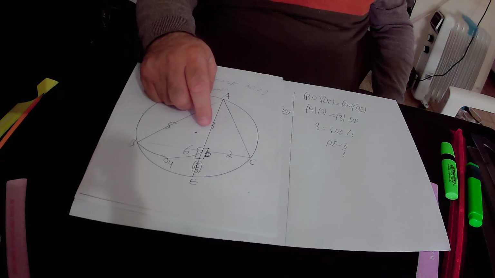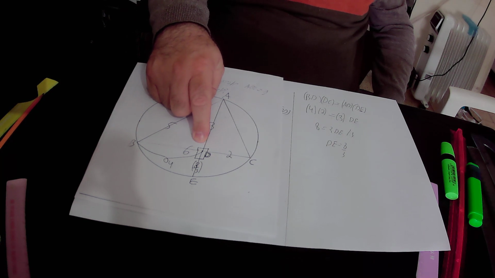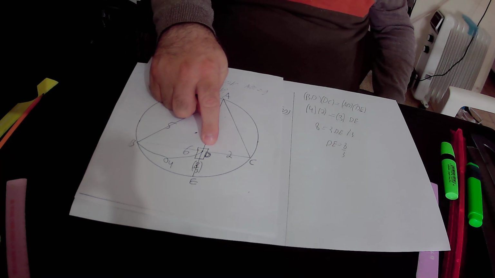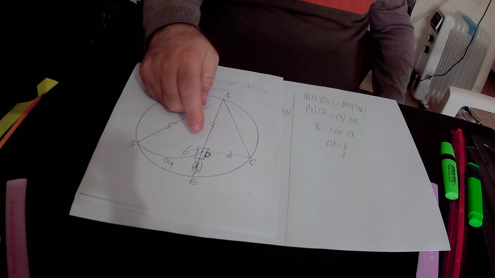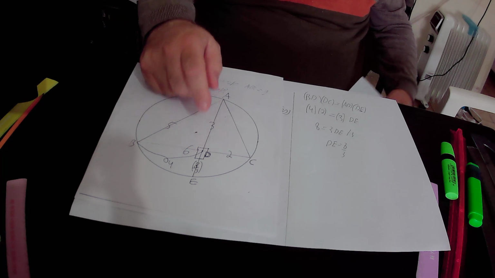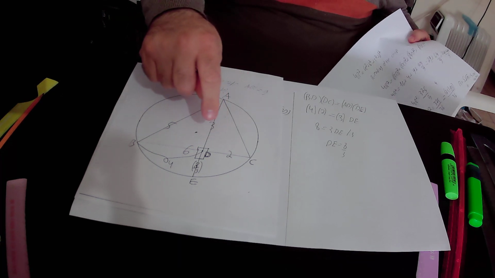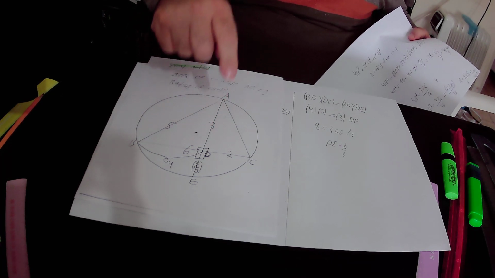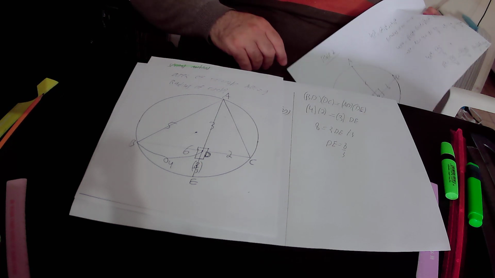Then we implemented rule number 2 in our drawing. First of all, according to our construction, this angle equals 90 degrees and this angle also equals 90 degrees. So the other two angles must also equal 90 degrees, according to the rule that the sum of the angles on one side of a straight line is equal to 180 degrees. Okay, so all the angles around point D are right angles.